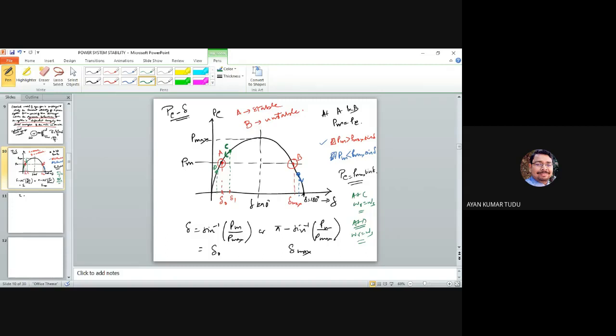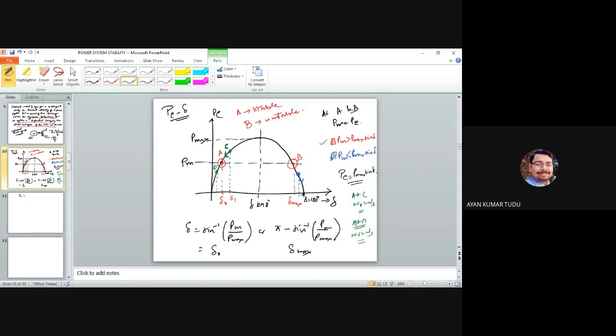Now at point D, what is happening? Again we are seeing that at point D, the electrical output power is less than the mechanical input power, means there is more energy in the system, there is accelerating energy in the system, so the rotor will start to accelerate. Means it will now try to move in this direction.